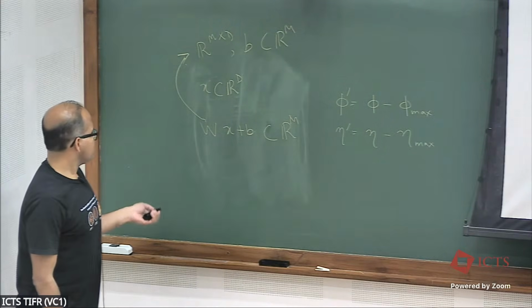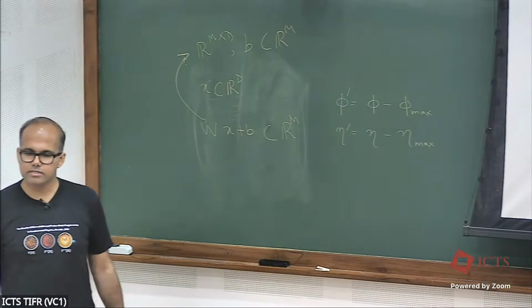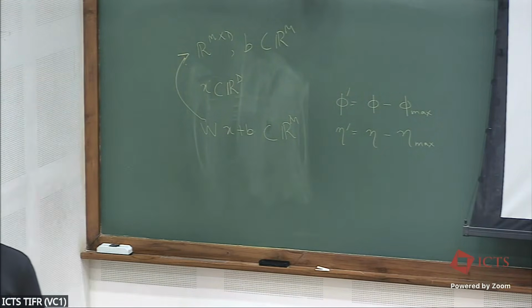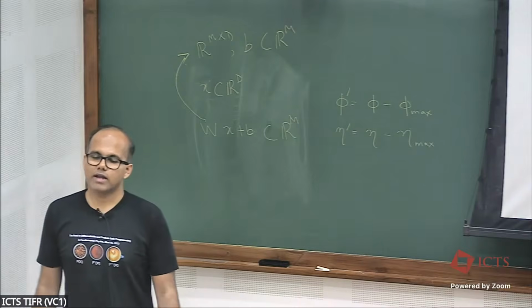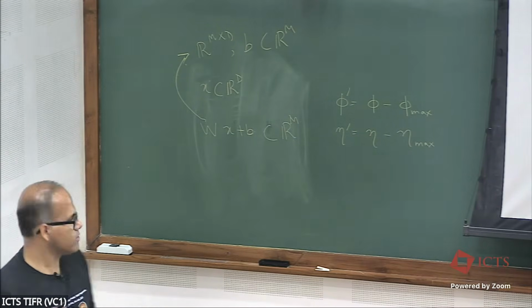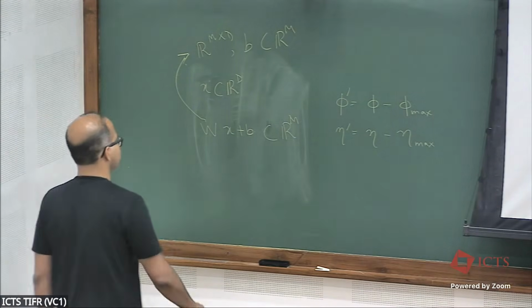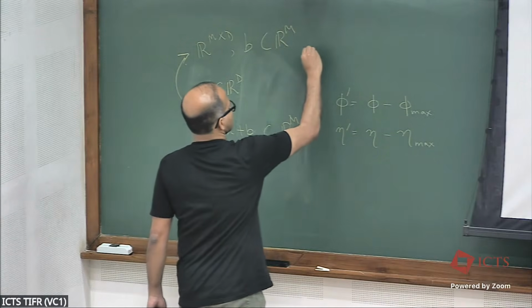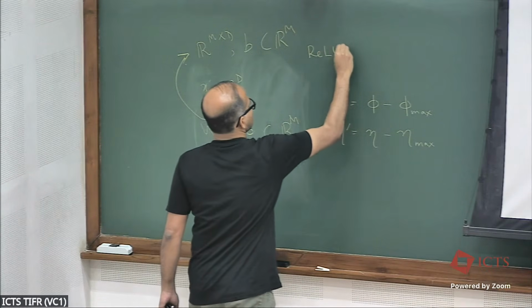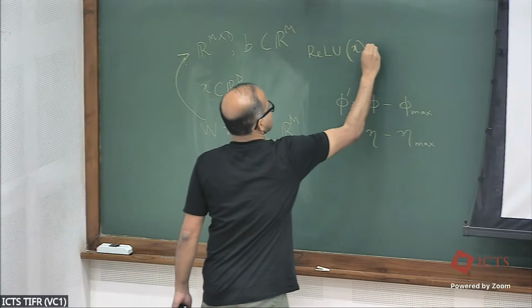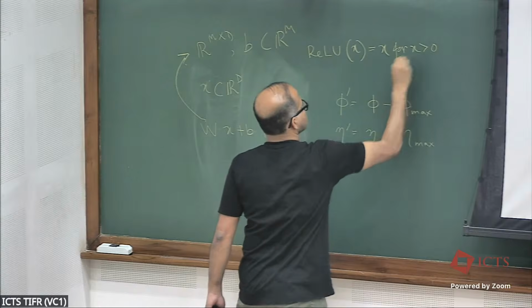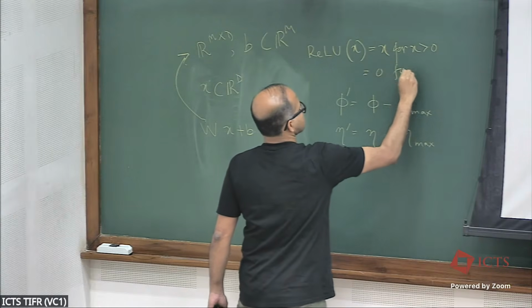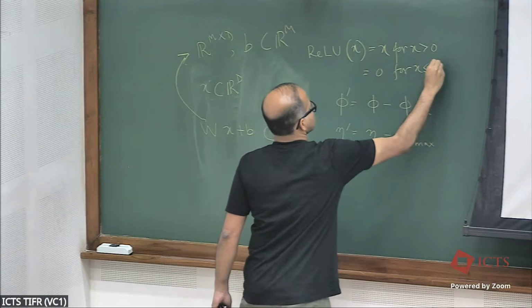Now, even with higher dimensional numbers, this is just a linear transformation. An absolutely linear operation. But now, on top of the linear operation, you add something called an activation function. Let me give you the first example of an activation function, which is called ReLU. ReLU of x is equal to x for x greater than 0, and equal to 0 for x less than or equal to 0.